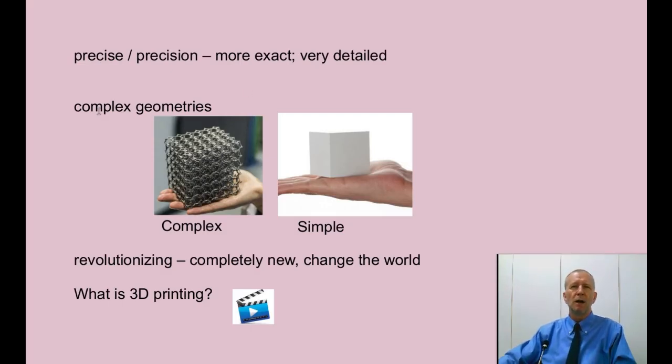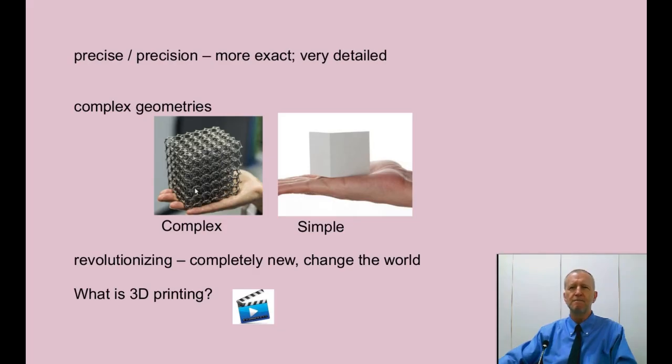You're going to hear the words complex geometries. Now, geometry means shape, and we've got a shape over here. That is a simple shape. Over here, we've got the same. That's a cube. It has a cubic shape. This is a cube, but it's a complex cube.